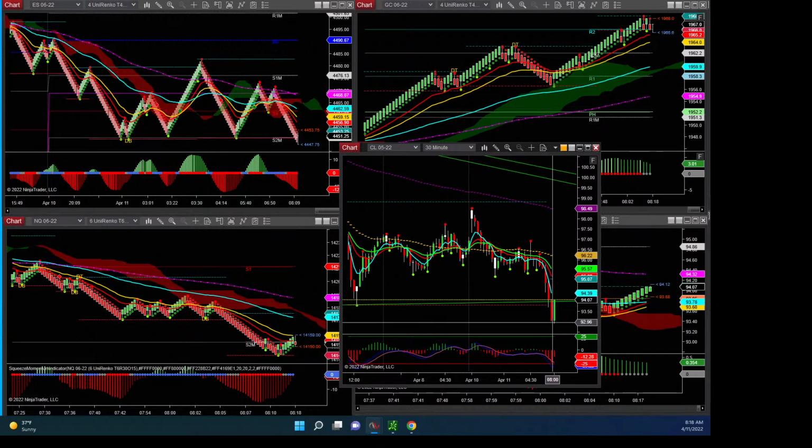So it's bouncing out of this 93 level, going back up. It's reversing, but it's a counter trend in this time frame. So more risky. I'm not taking that one.